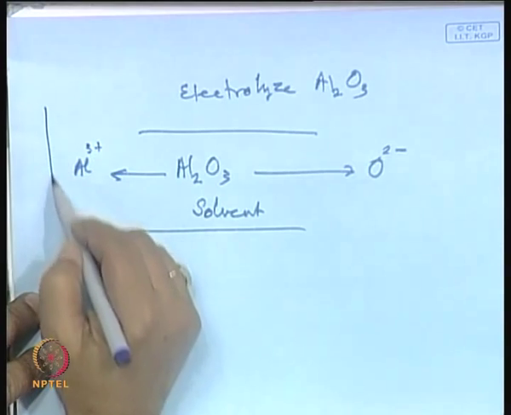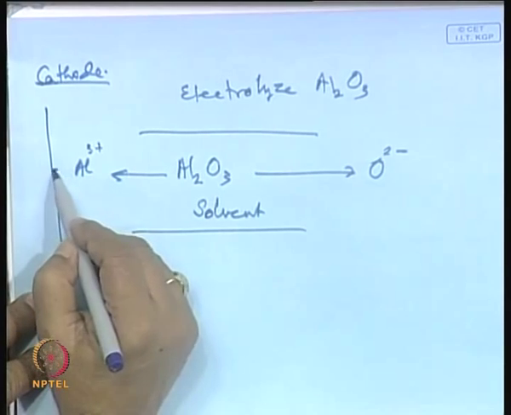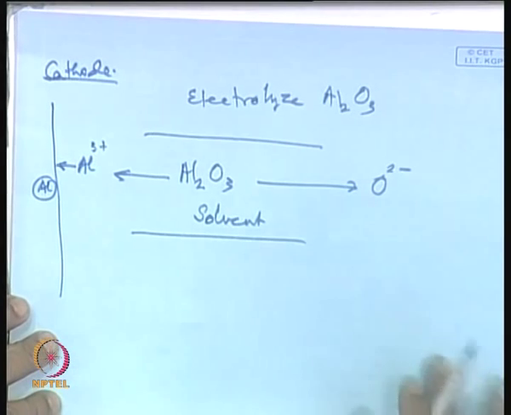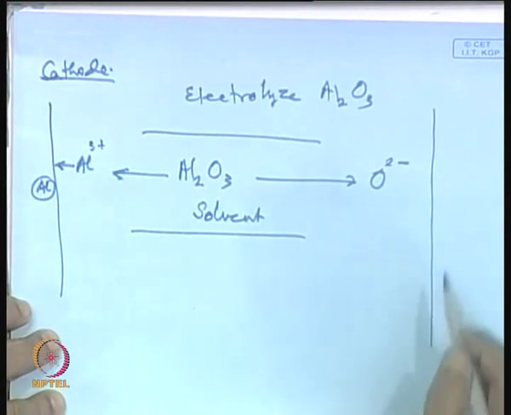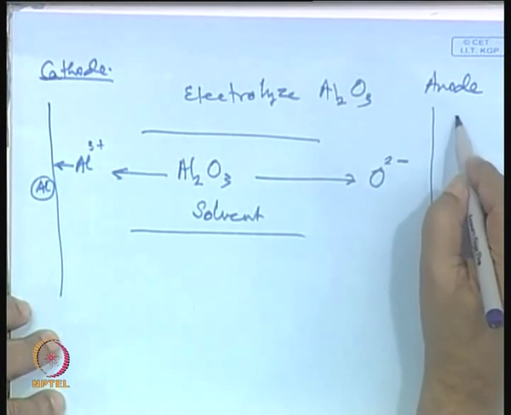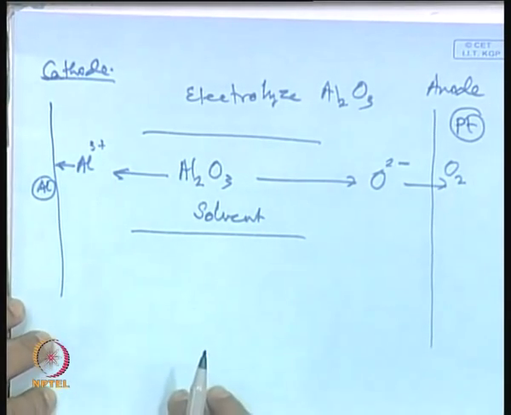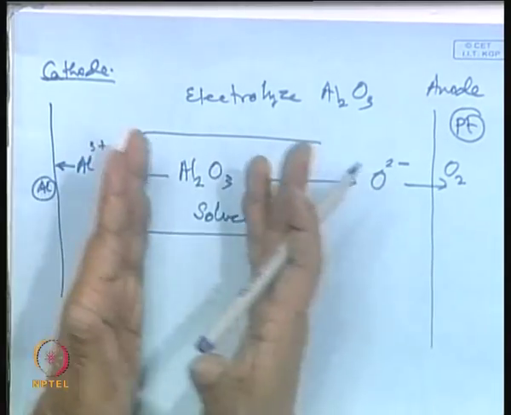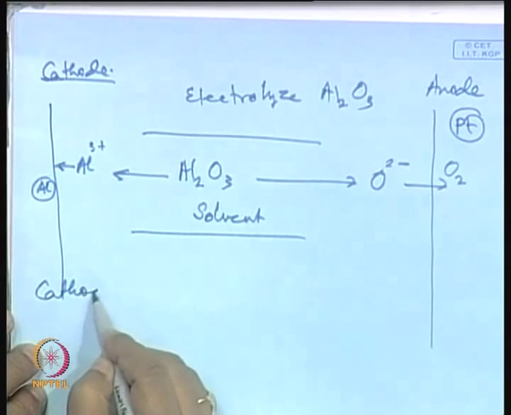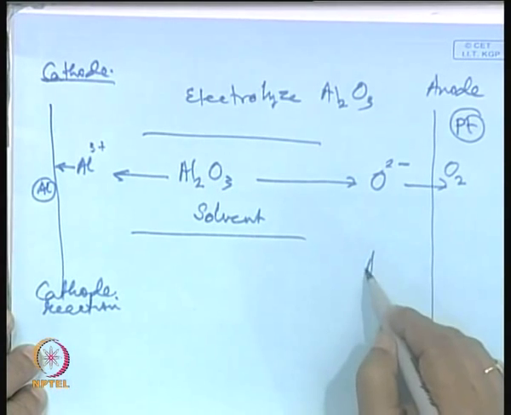We have to find here a cathode on which aluminum will get discharged, produce aluminum. Here we can think of an electrode, anode. In theory there can be a platinum where oxygen will evolve. So, you are breaking Al2O3 into aluminum and oxygen. This is the cathode reaction. This is the anode reaction.